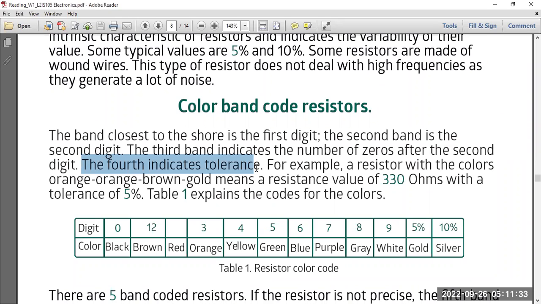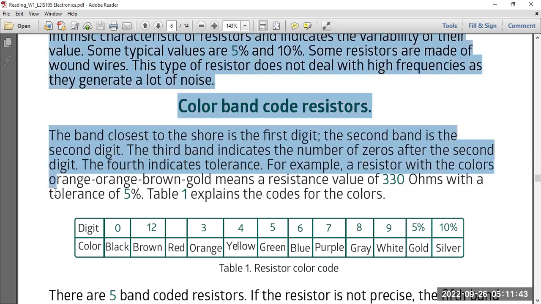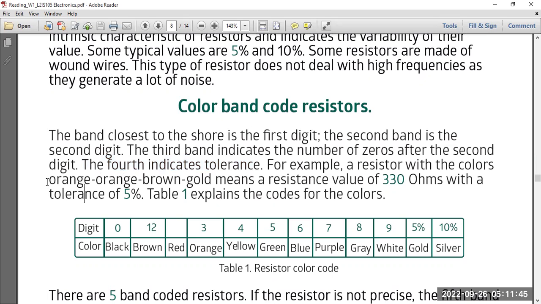Let's take an example: a resistor with colors orange, orange, brown, gold. Now, the first line is orange. How will I remember the code of orange? This is a color coding table.